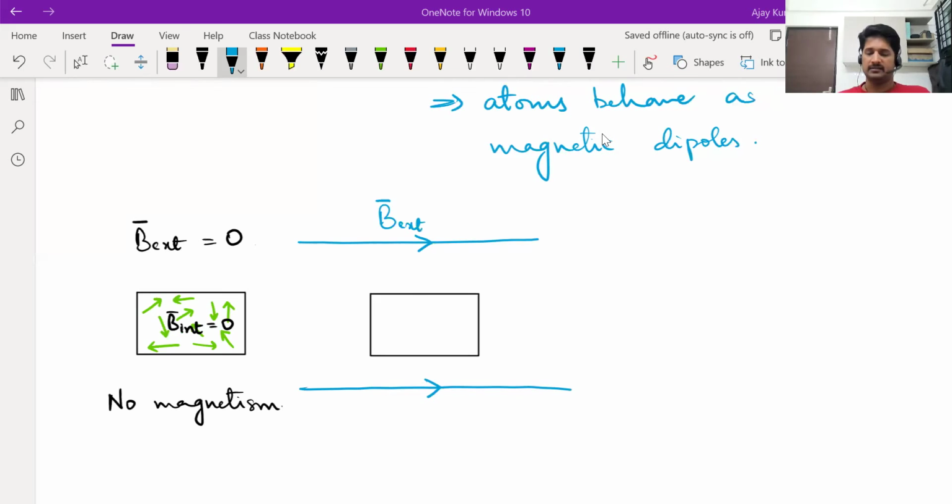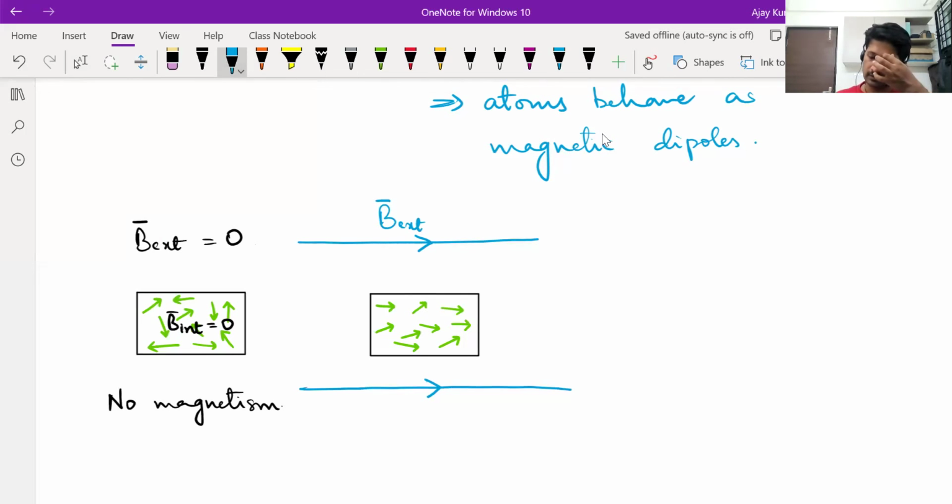In paramagnetic materials, the dipoles tend to get aligned in the same direction as the external field. Okay, see, each arrowhead represents a north pole, the tail represents the south pole. So they tend to get aligned in the direction of the external field.